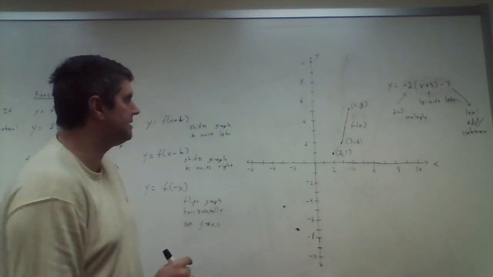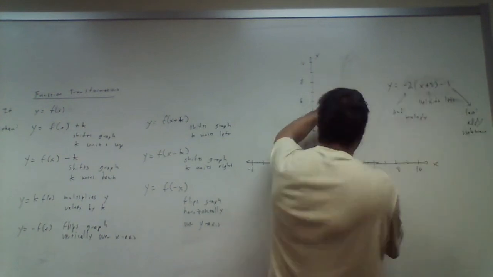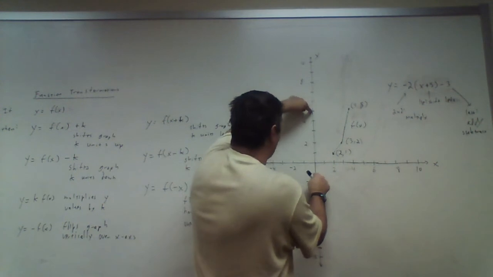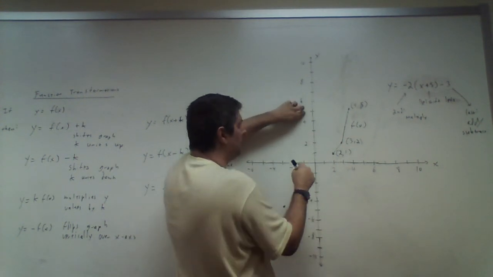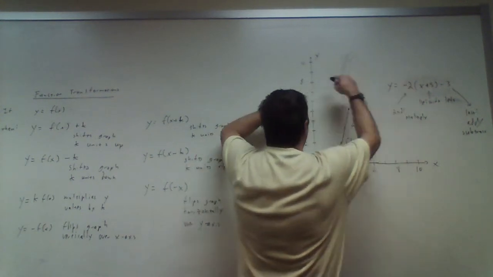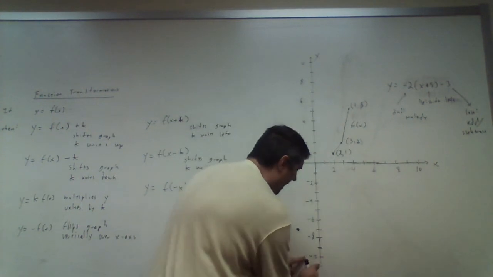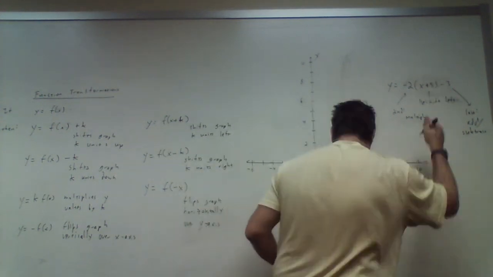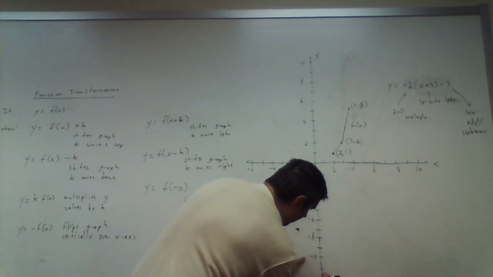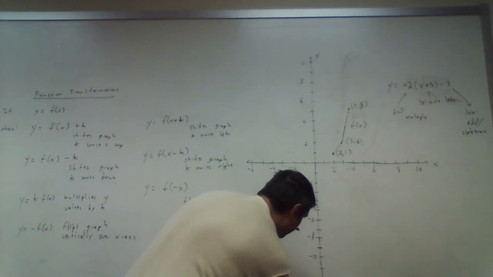And then this last one, 4, 5. We're going to shift 5 units to the left. So 1, 2, 3, 4, 5. The y-coordinate 5 gets multiplied by negative 2, which gives me negative 10. And then we're going to go down 3 more units. So 1, 2, 3.